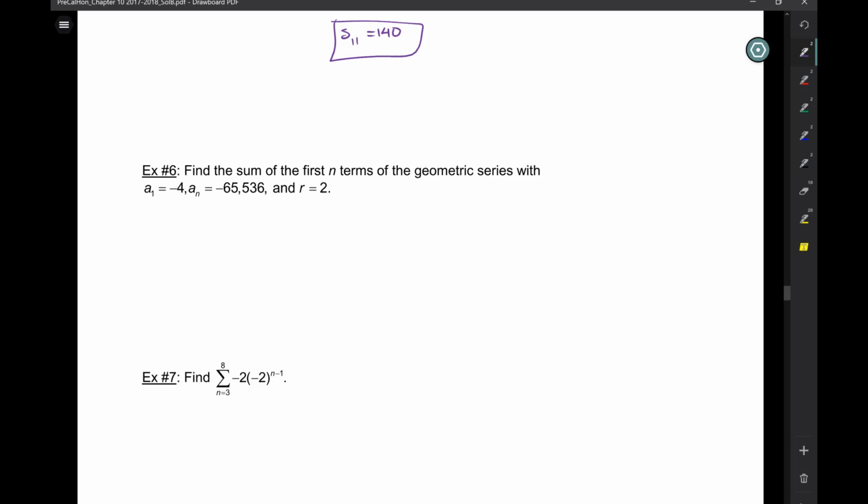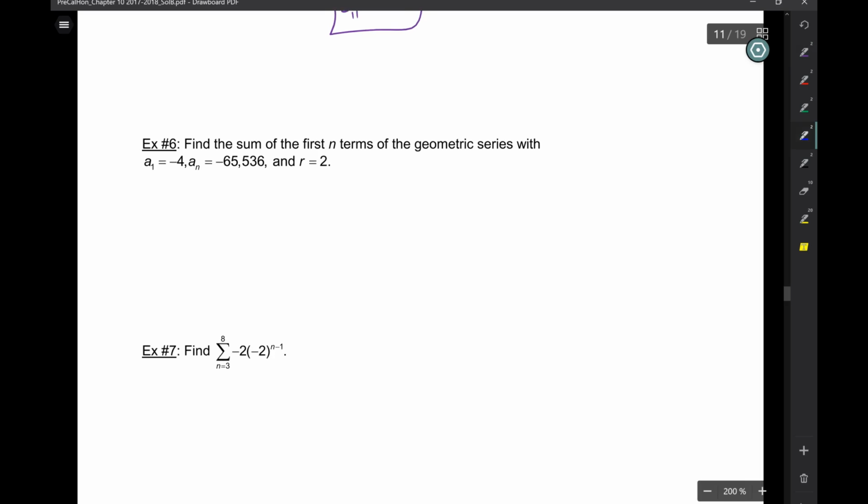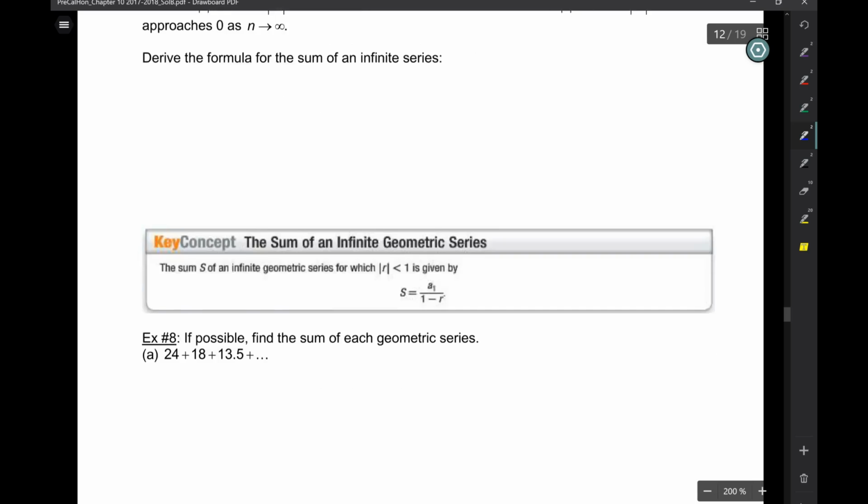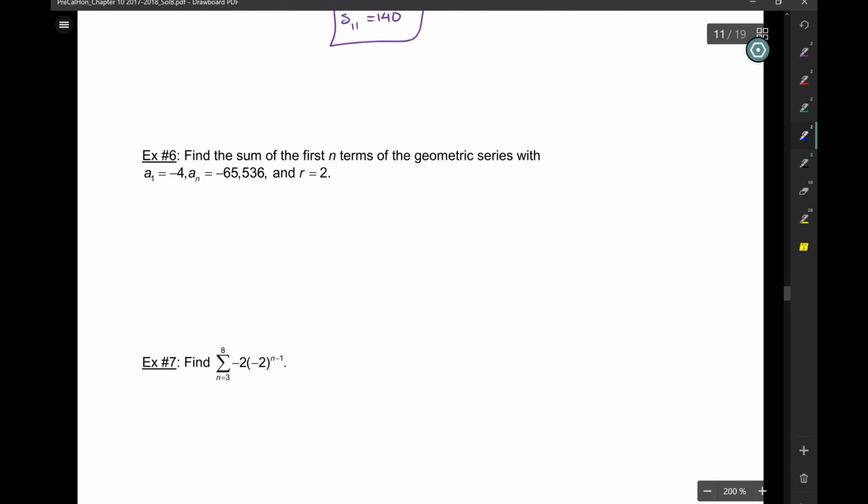Okay. I need to do these next two as well. Here. Oh, and I have this other page. Okay, let's pick up the pace here. The sum of the first n terms of the geometric series. So A1 is negative 4. We're going to use formula number 2 here. Okay? So we're going to plug them in.